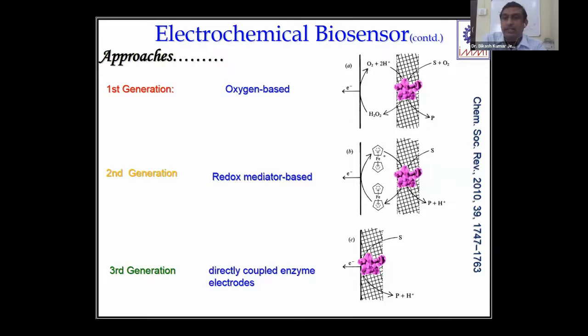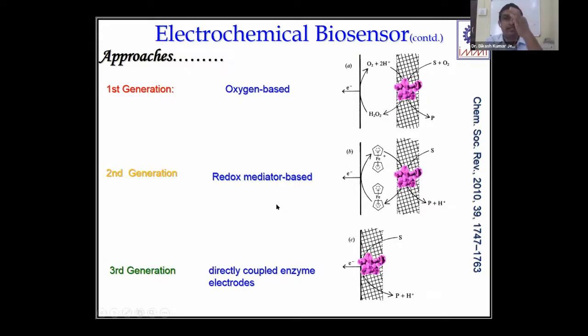Then the hydrogen peroxide comes to the electrode surface, gets oxidized and gives electrons. But that process was very slow, because in the solution the enzyme converts the analyte to product, hydrogen peroxide is generated, and then it goes to the electrode surface. How much hydrogen peroxide is generated is very difficult to monitor. So reproducibility and sensitivity were not there. So that was called the first generation biosensor.